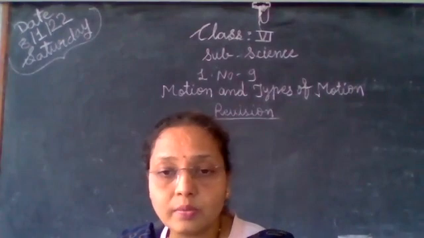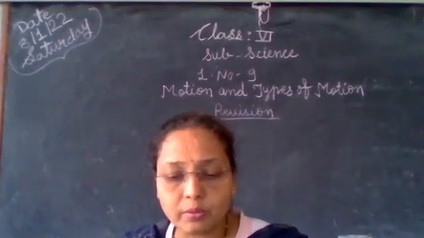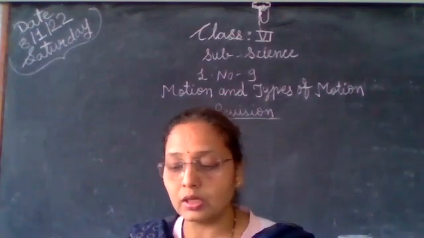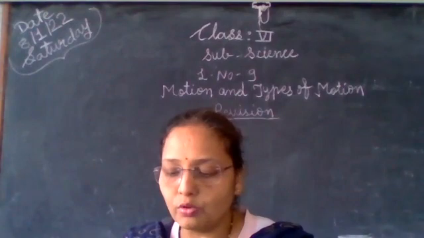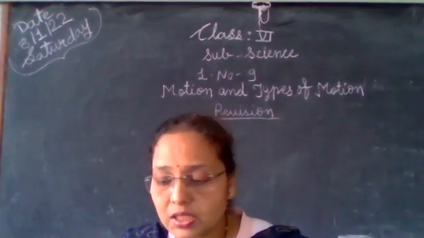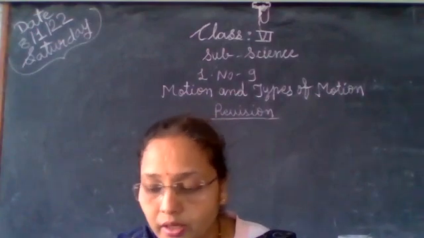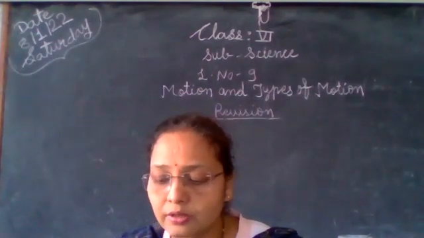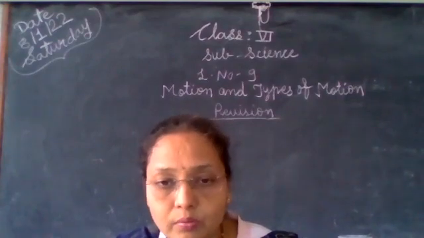Then next is periodic motion. Periodic motion means the repetitive motion in which the moving object passes through a certain point again and again after a fixed period is called periodic motion.